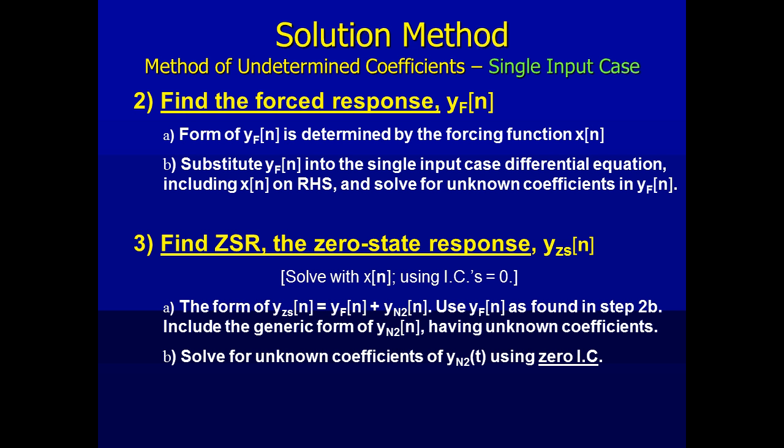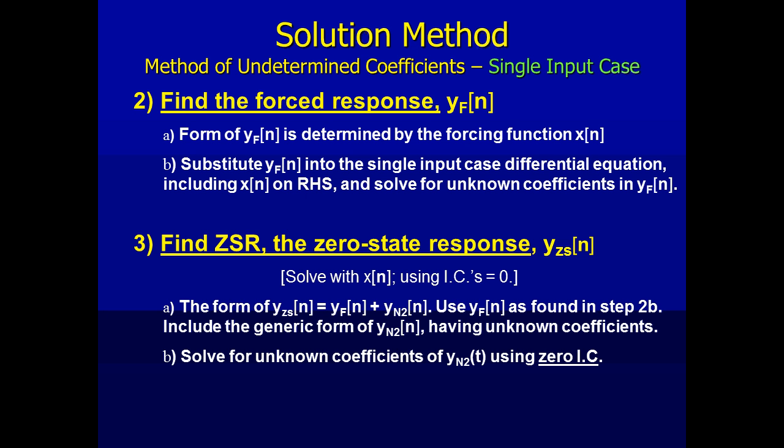All right, so we're all back to what we're doing here. Okay. So we're going to solve using the initial conditions. So at n equals -1, my initial condition for the zero state response is 0.